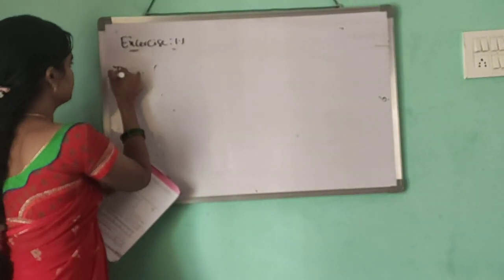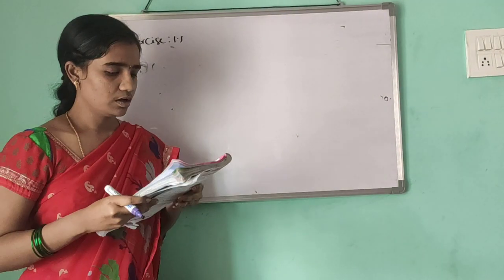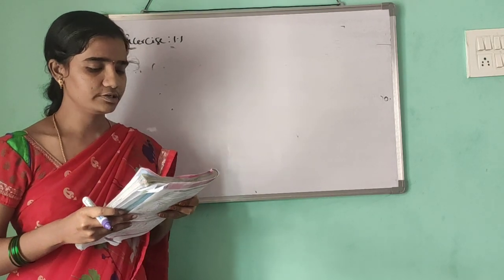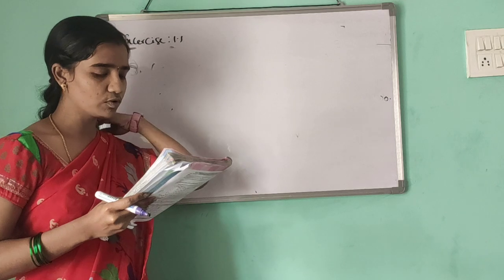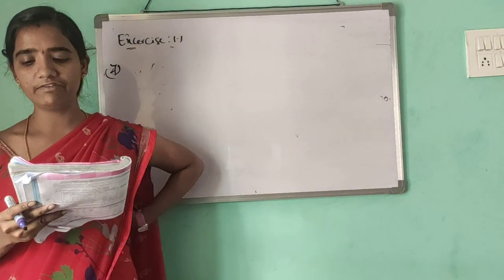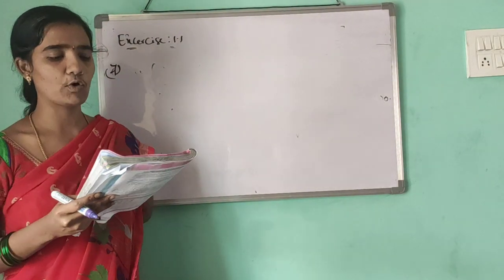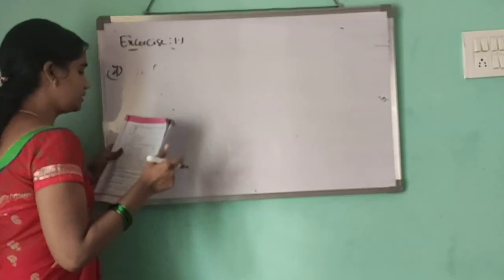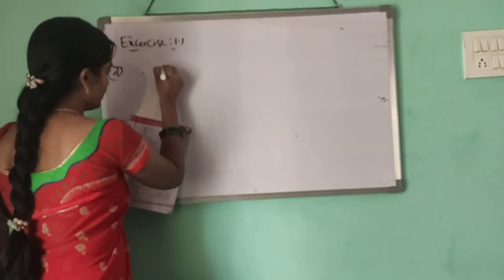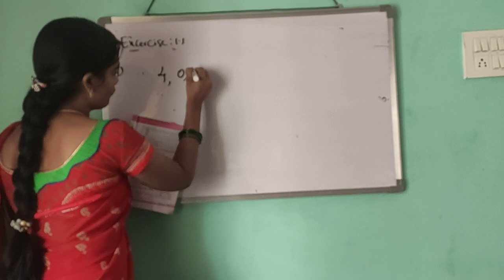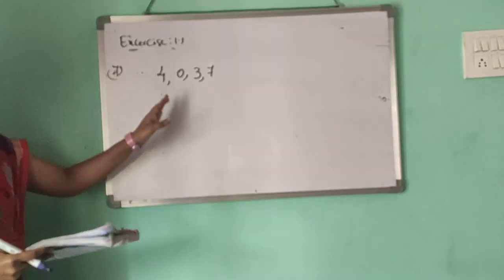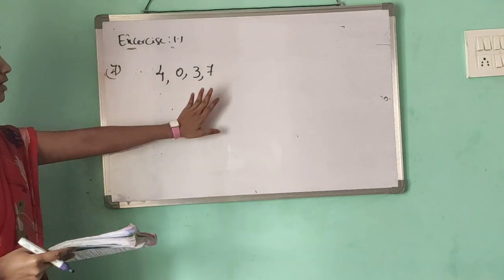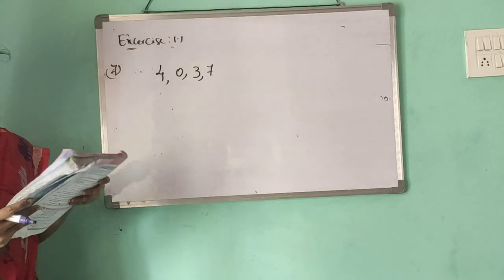Question seven. Form 4-digit numbers with the digits 4, 0, 3, 7 and find which is the greatest and which is the smallest among them. Here how many digits are given? 4 digits are given. By using these digits we have to write the smallest number and the greatest number. How can we write?